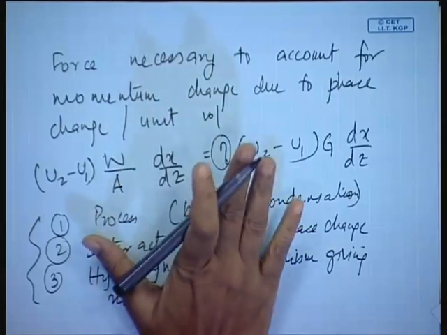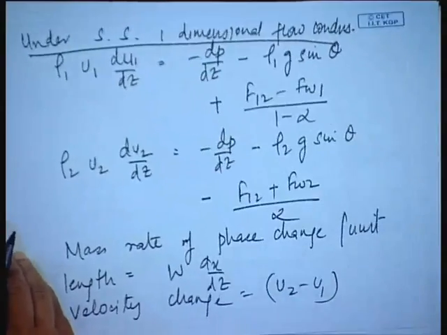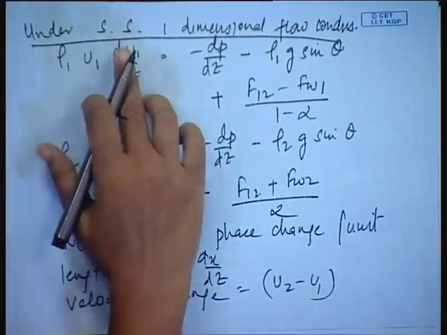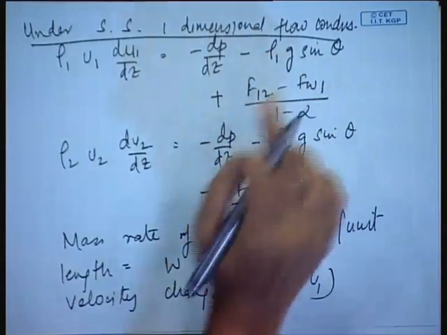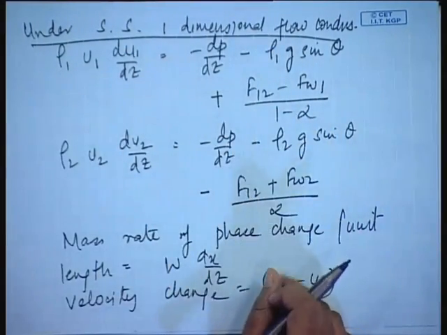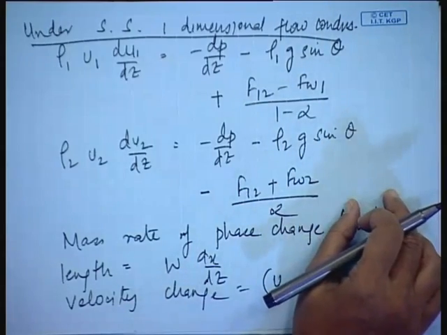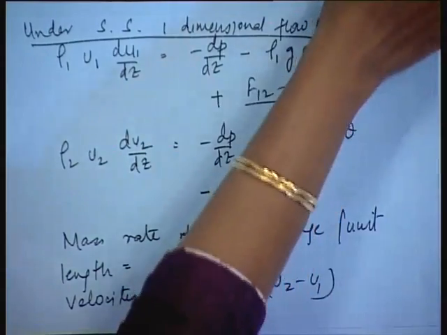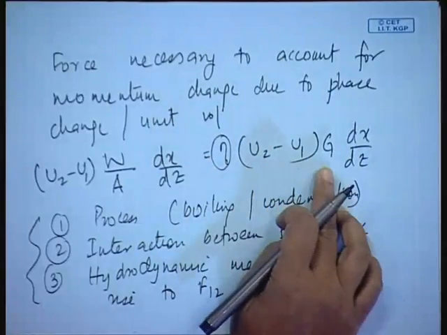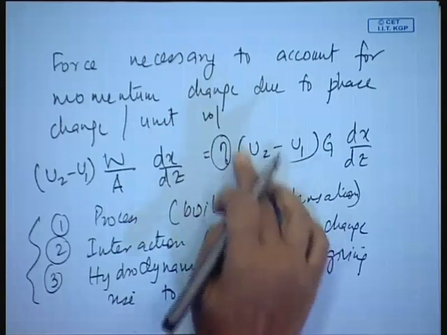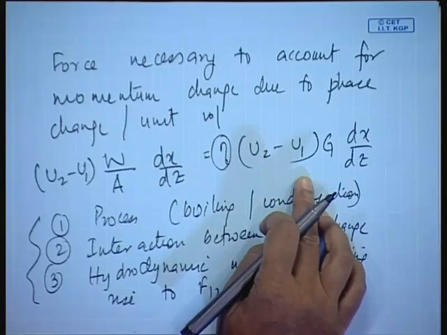Correct? This portion clear? So, therefore, this was steady state one dimensional flow. For phase change, what do we have? We will have one term here and one term here, isn't it? Those two terms we can find out, it will be eta of this particular term for phase 2, and 1 minus eta into this particular term for phase 1.